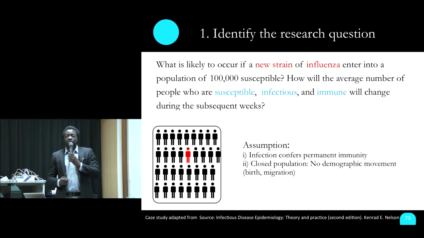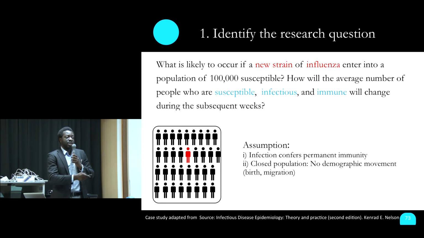So let's start with our research question here. The research question is, what is likely to occur if a new strain of influenza enters into a population of 100,000 susceptible? How will the average number of people who are susceptible, infectious, and immune change during the following weeks?